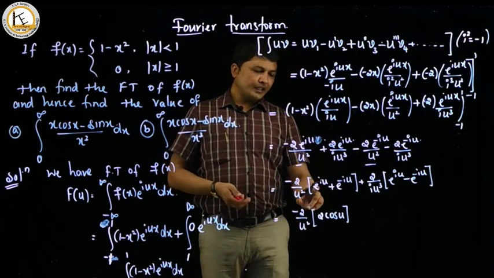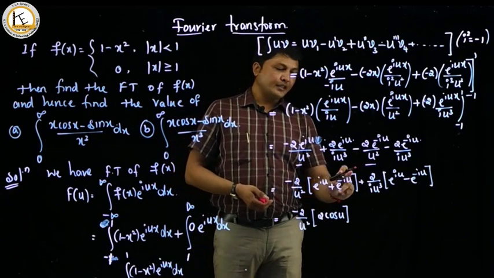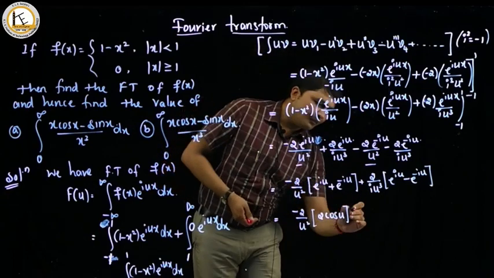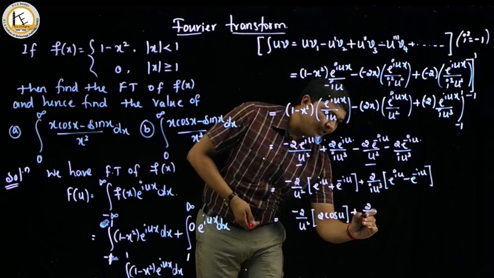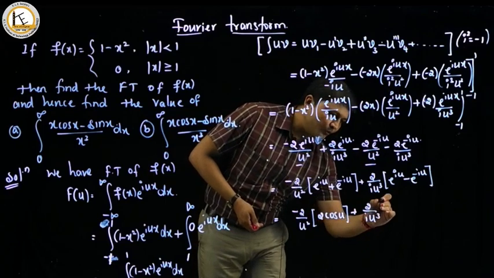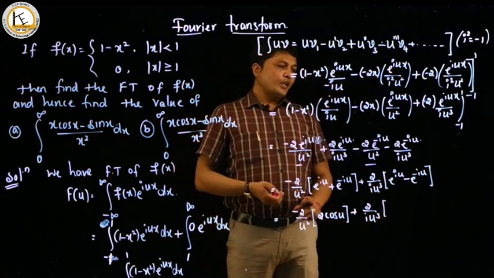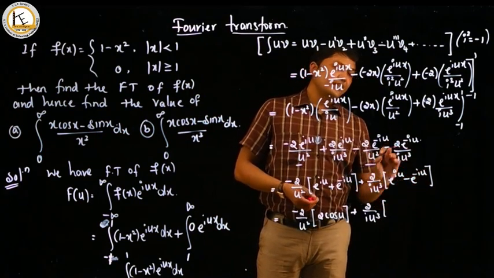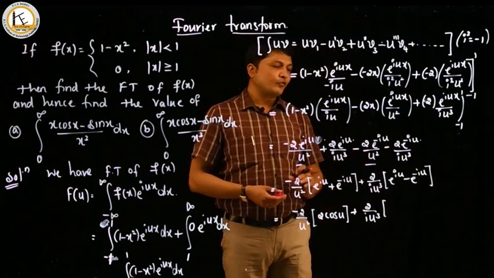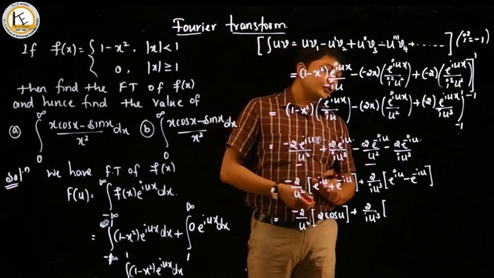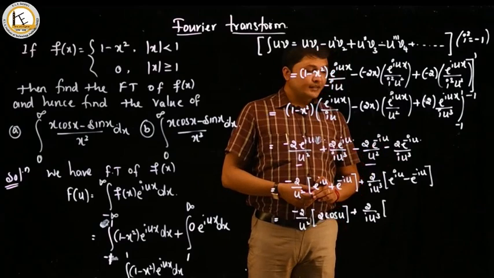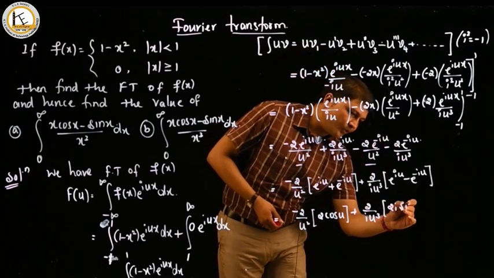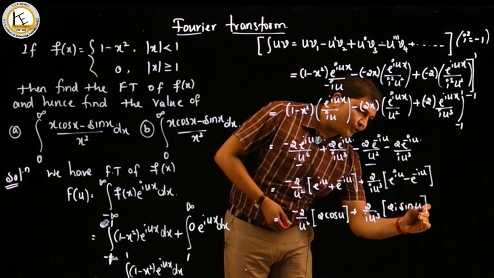Here we have e raised to iu plus e raised to minus iu, that is nothing but 2 times cos u. In a similar way, it is 2 divided by i into u cube inside the bracket. Again here, e raised to iu minus e raised to minus iu, we can compare with the standard form e raised to i theta minus e raised to minus i theta, which gives 2i into sin u.